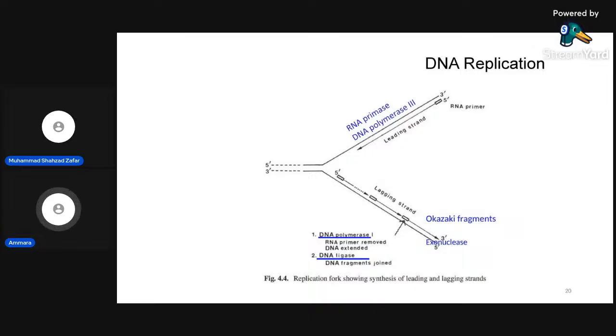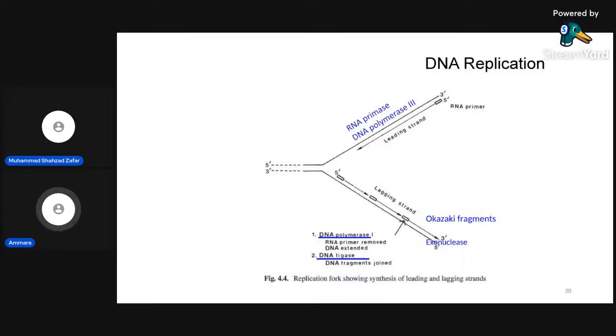How will it synthesize? DNA polymerase will attach complementary bases. What is the template? The template is the unwound strand that we have separated, which you can call the parental strand. DNA polymerase will attach complementary bases to the template.